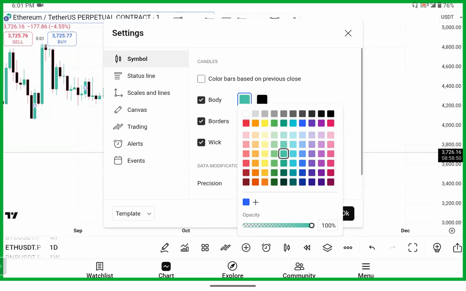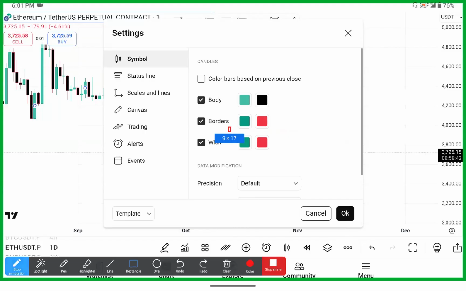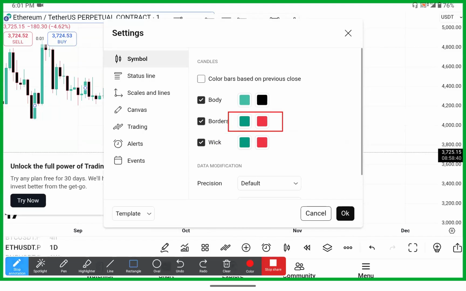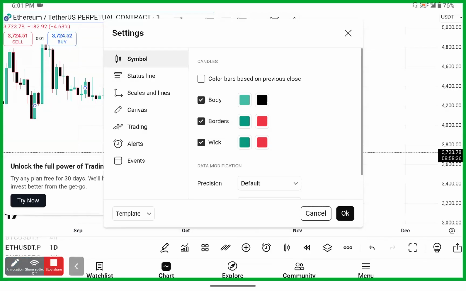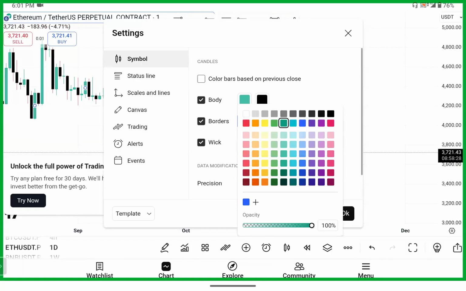So for me, I prefer using this kind of candles. Then if I come to borders, this is the border. I will also change it to the colors I prefer. I prefer the borders to be black, and then this one, I prefer it to be dark green.